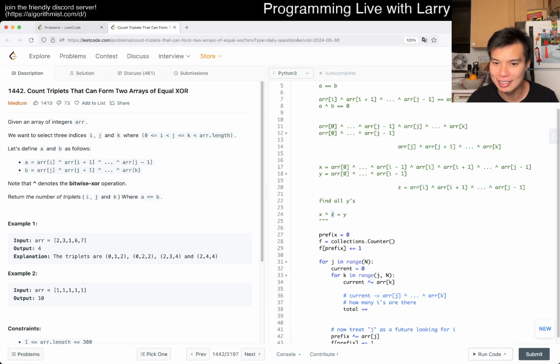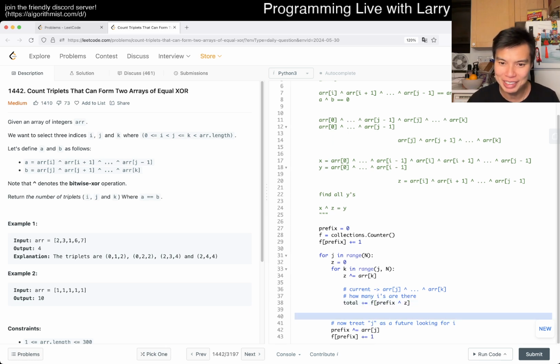And we know Z, so let's just call it Z. So then Z, X, what is X? And yeah, X is the prefix. So now prefix X, F of this, right? And that's really it.